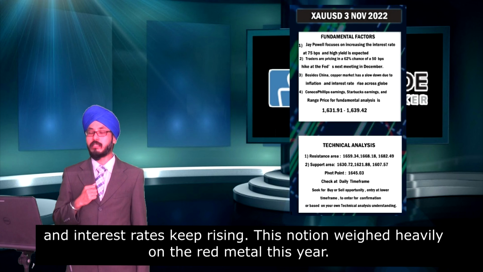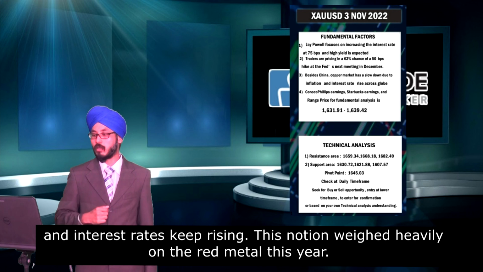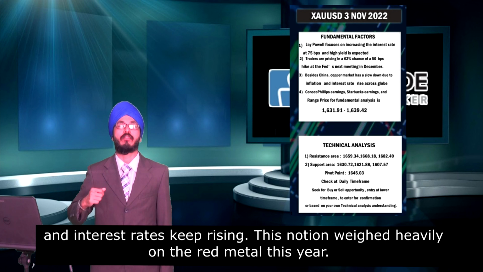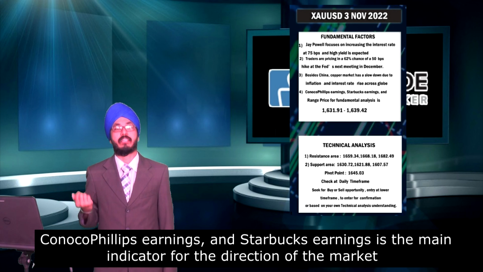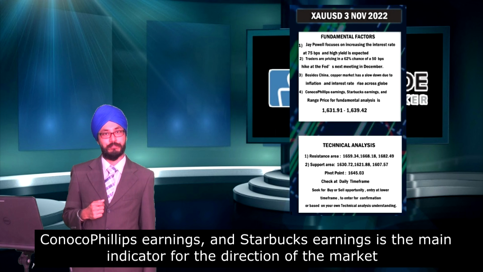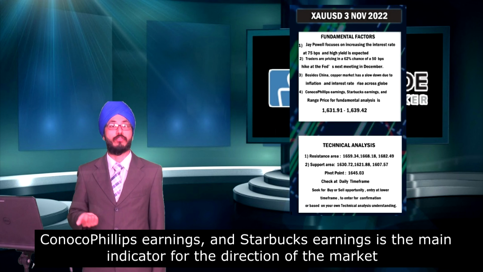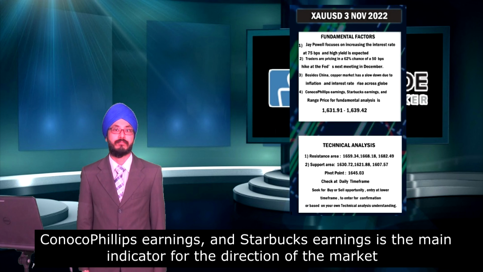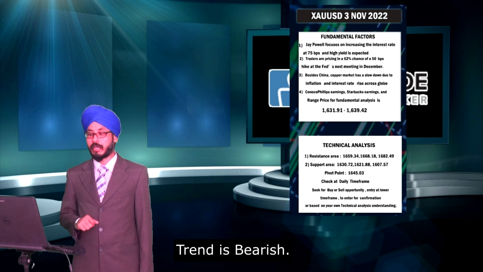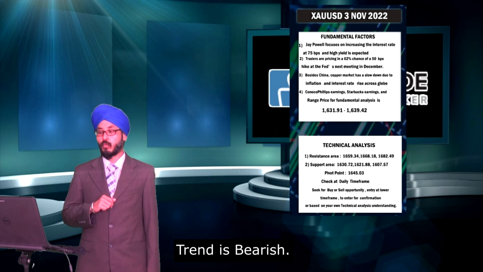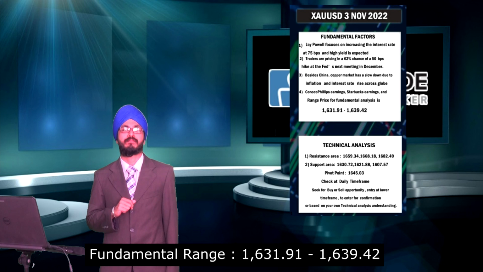Fourthly, we will have to look at the earnings of ConocoPhillips and also Starbucks in order for us to know where the direction of the market would go further. As we can see, the direction of the market, or the trend, is currently bearish. And the fundamental range that we are looking at is between 1631.91 to 1639.42.